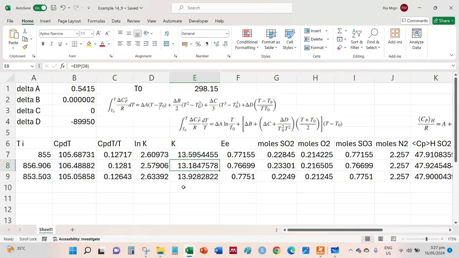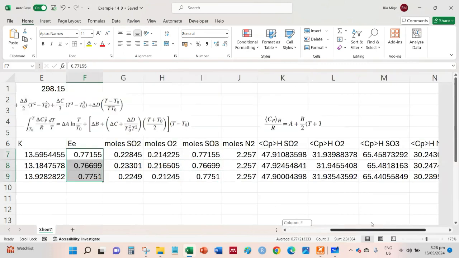So after the answer is 855.7 Kelvin, after I get a new temperature, it will go down and go up until it reaches the convergence. So it's quite difficult, especially this step, because you have to do this manually.